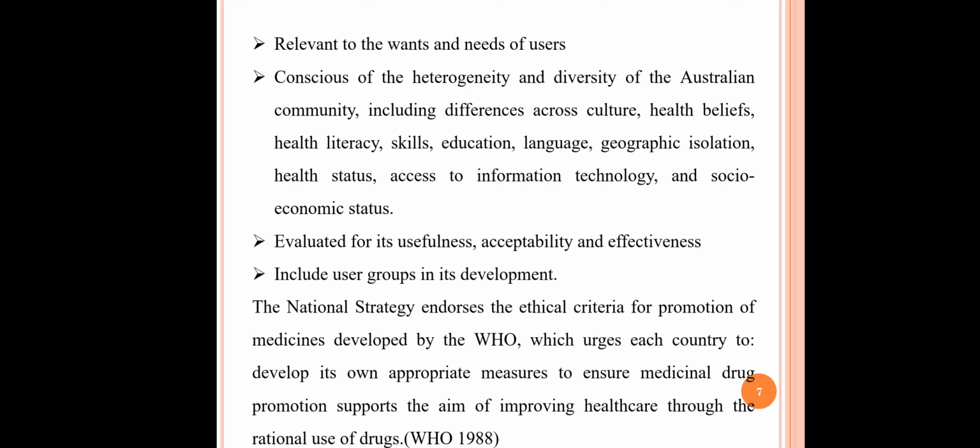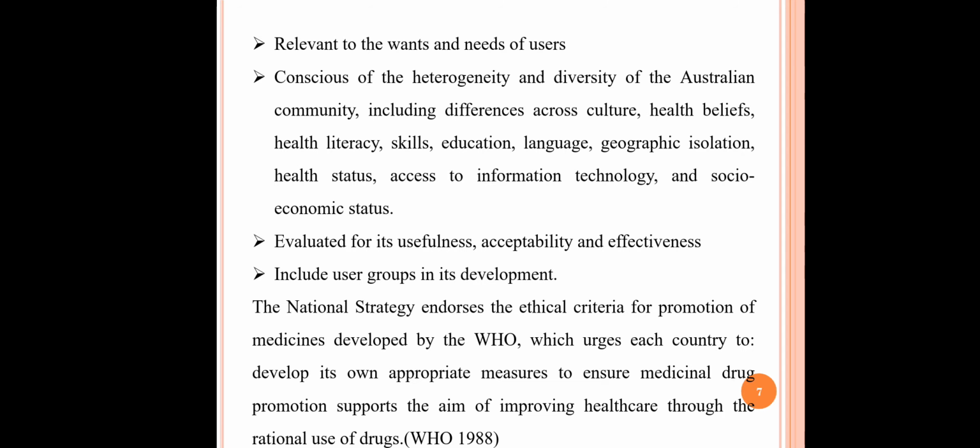Consider the heterogeneity and diversity of the Australian community, including differences across culture, health beliefs, health literacy skills, education, language, geographical isolation, health status, access to information technology, and socio-economic status. It should be evaluated for its usefulness, acceptability, and effectiveness, and include user groups in its development.